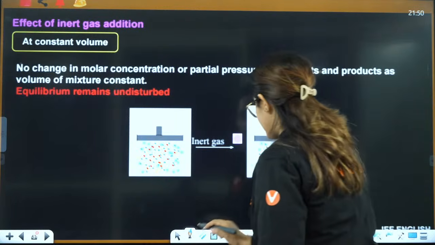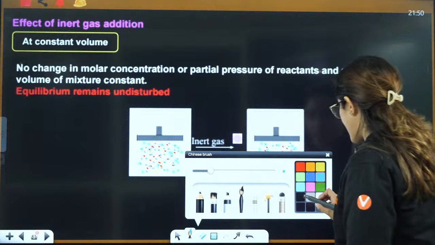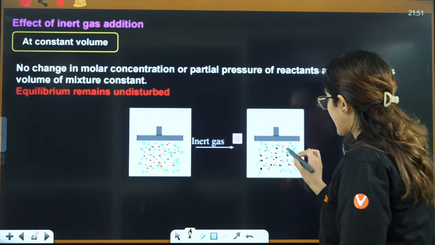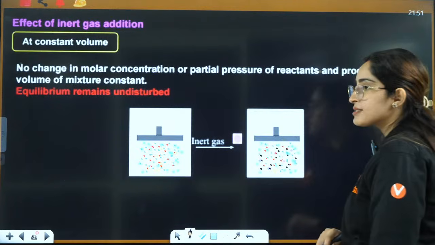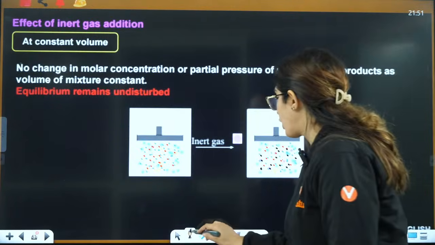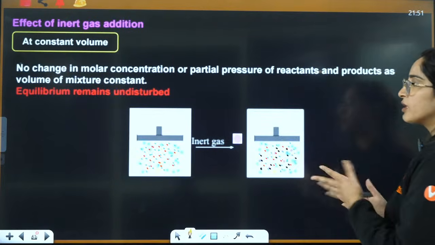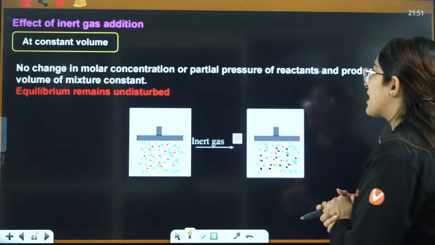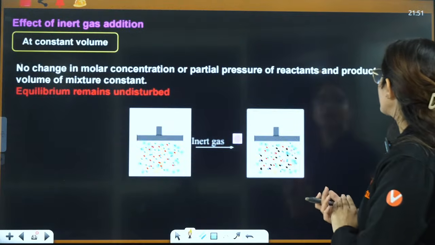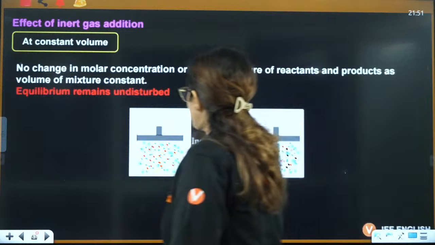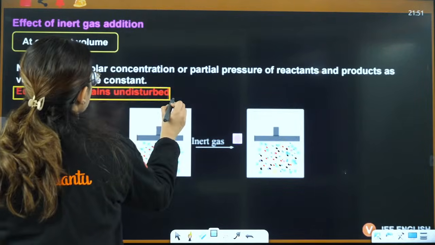Okay. Let's say I am adding some inert gas, that is this inert gas. This black is my inert gas that I have added. Because the volume is constant, the volume is not changing here. So we say no change in the molar concentration also, or partial pressure of the reactant and product, as volume of the mixture is constant. So that is why equilibrium will remain undisturbed here.